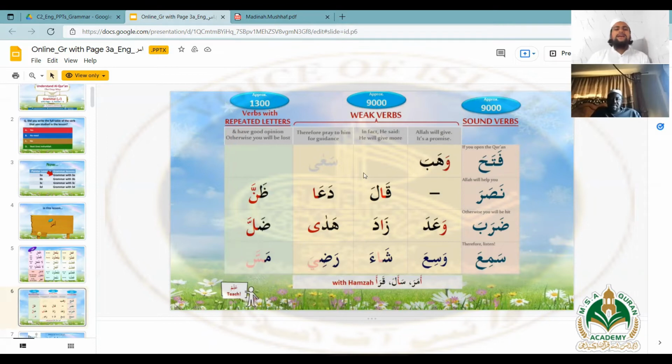Weak verbs, verbs with repeated letters, and strong verbs are many more, mashallah. So fataha, wahaba, sa'a. And you know what the verbs with repeated letters are?